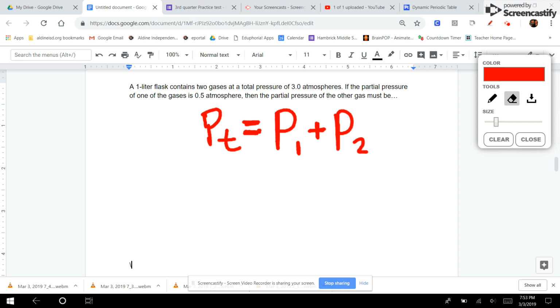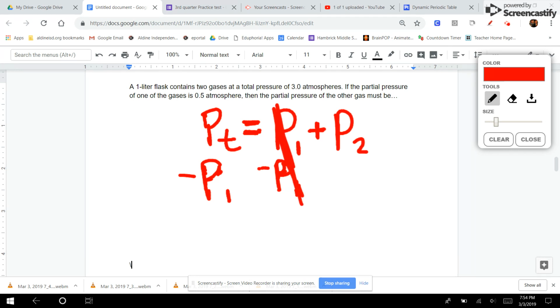So I have to rearrange my formula in order to isolate P2, the other partial pressure. To do that, I do simple algebra. I move P1 over to the other side through subtraction. So that can cancel out P1.